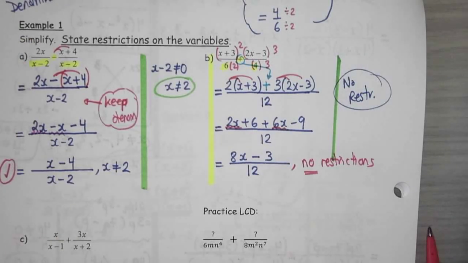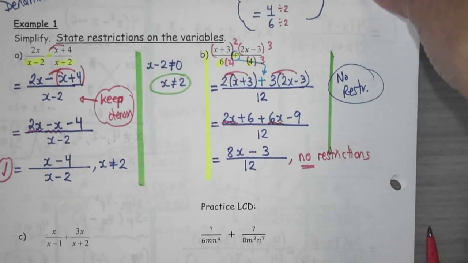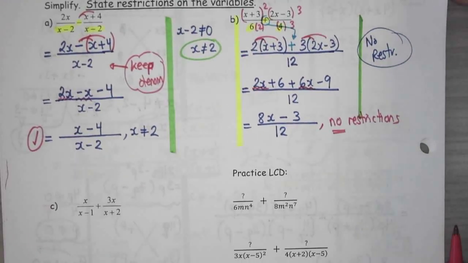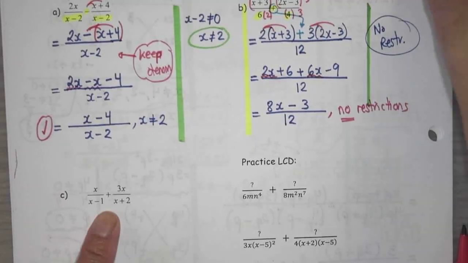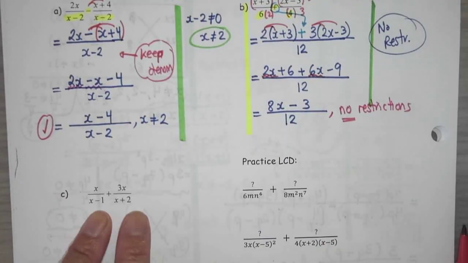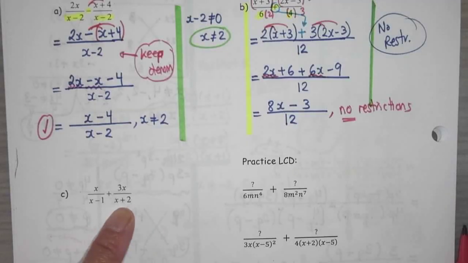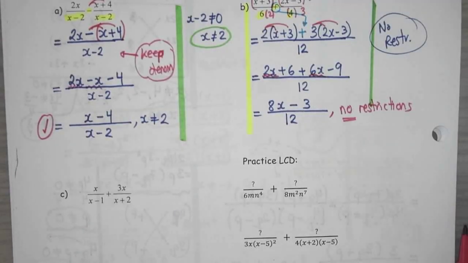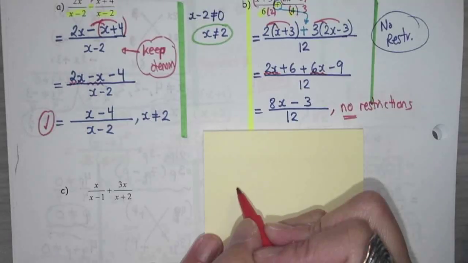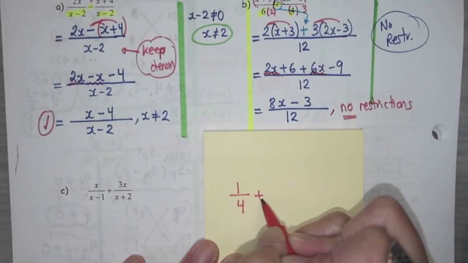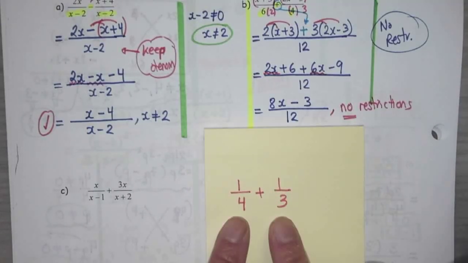Let's try again. It's just understanding how to do the lowest common. So here, between these two, that's a binomial x minus 1, that's a binomial x plus 2. I think of this like if I gave you 1 over 4 plus 1 over 3. Totally different factors, right?